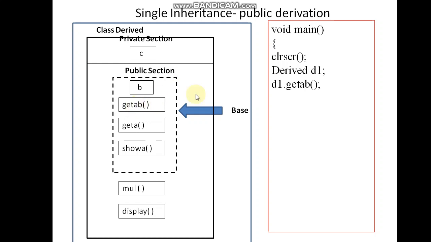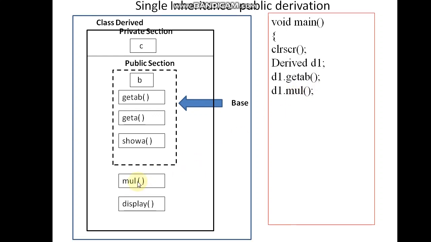This function can be called outside the class also. This is the function which will read the values of A and B. Multiplication is a member function of the derived class which will multiply the values of A and B.